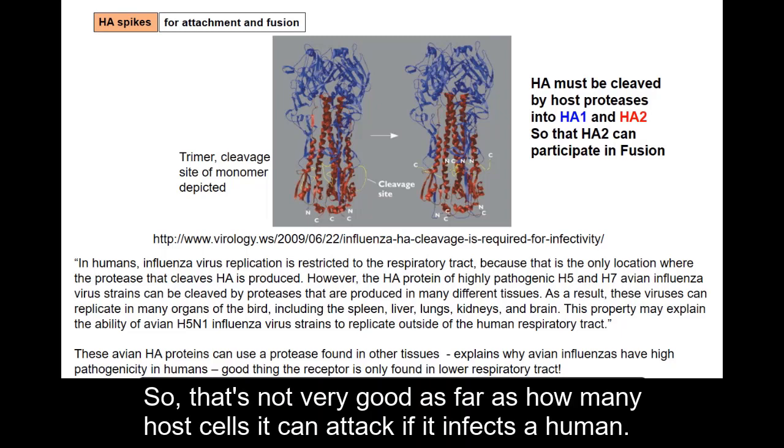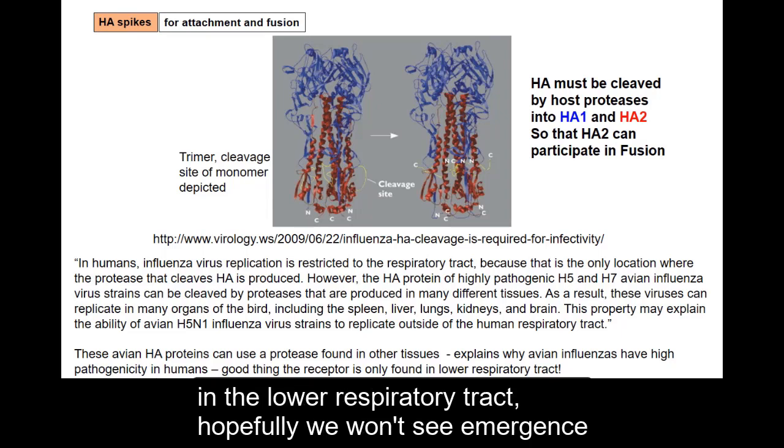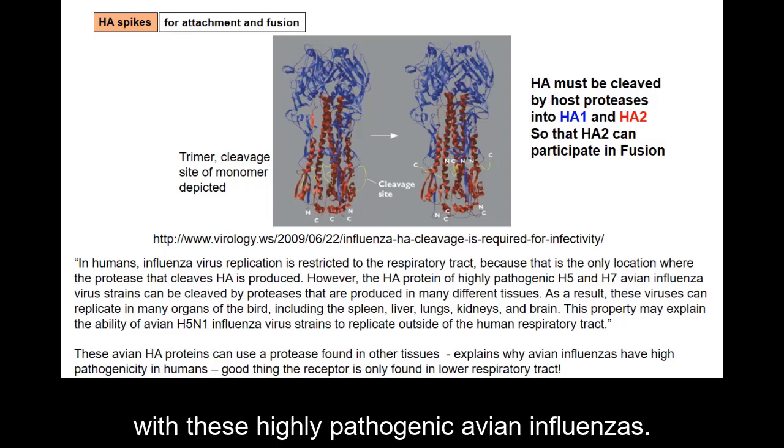So that's not very good as far as how many host cells it can attack if it infects a human. But fortunately, since the receptor binding still prefers receptors that are only found in the lower respiratory tract, hopefully we won't see emergence with these highly pathogenic avian influenzas.